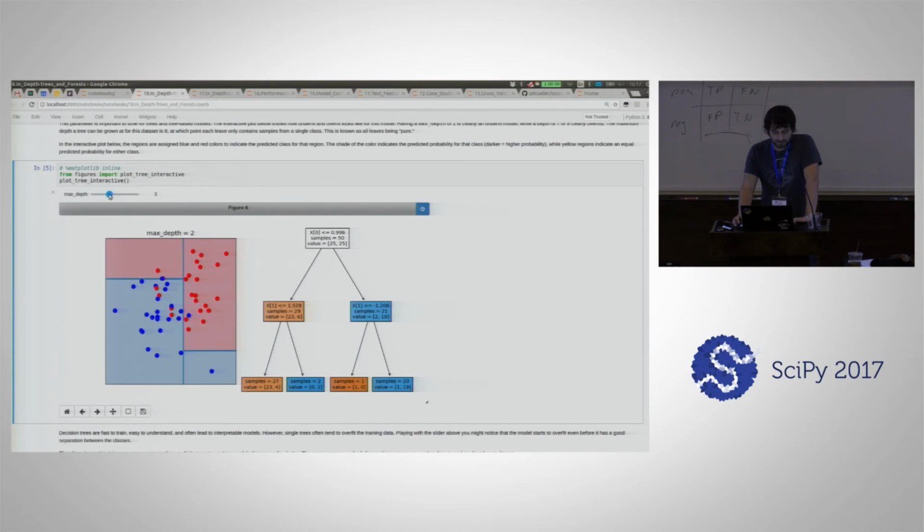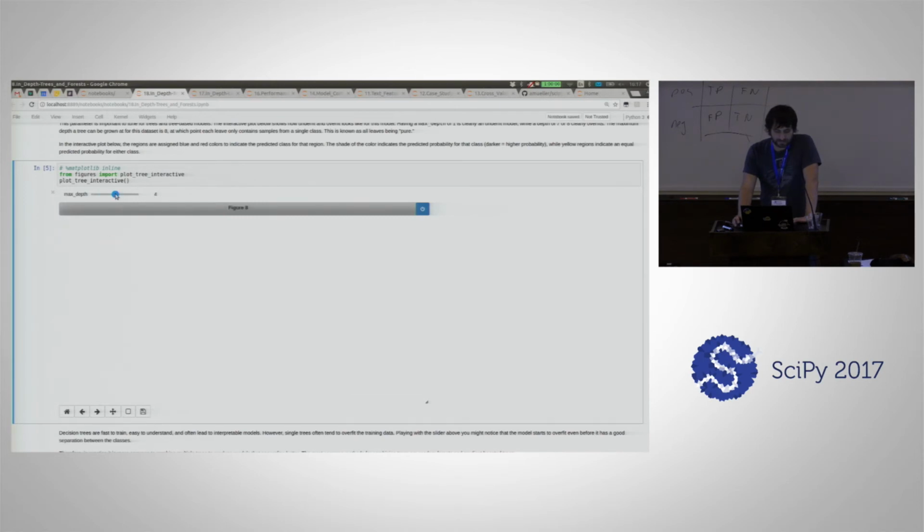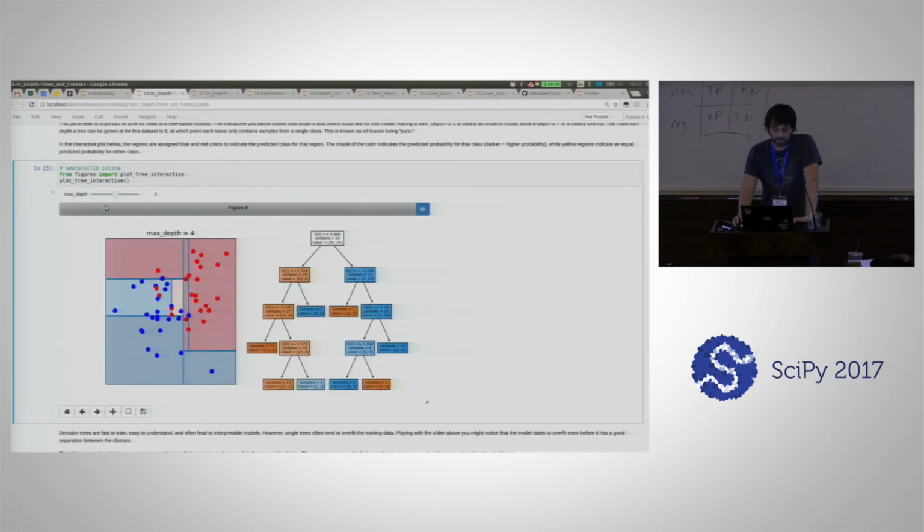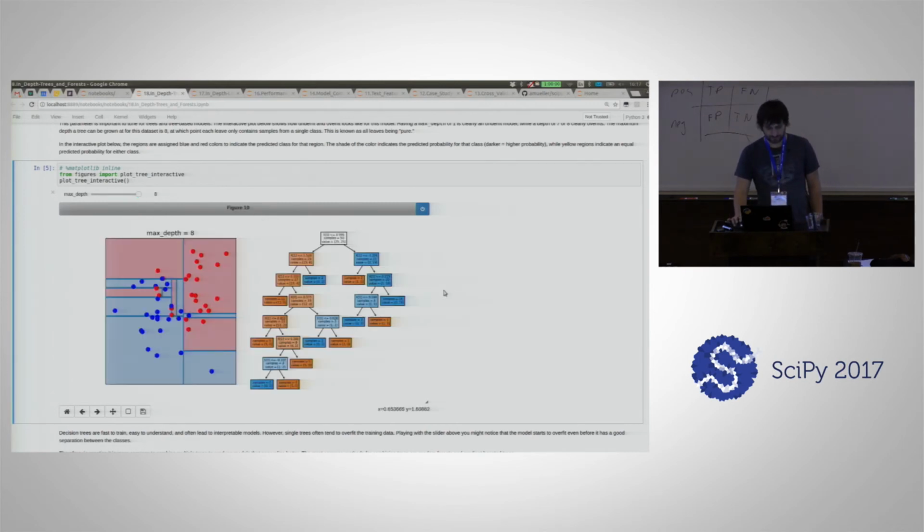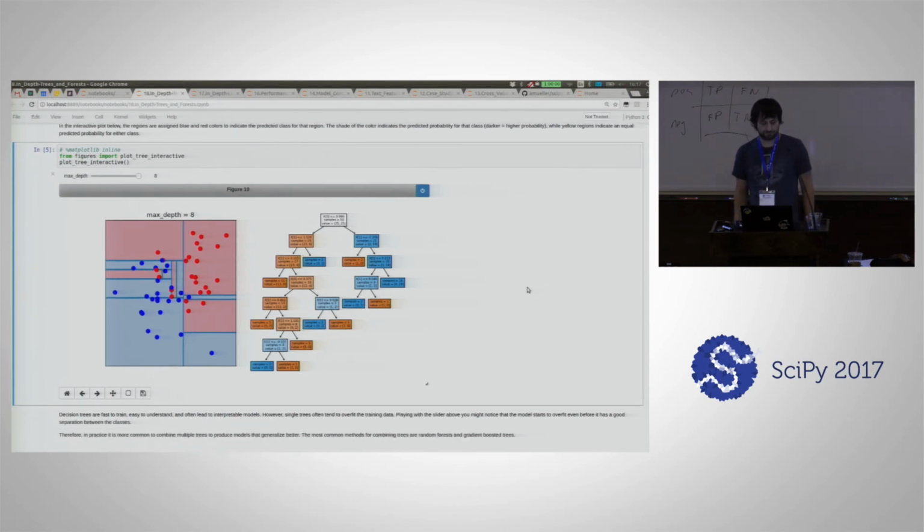And so you can keep recursively adding more and more branches and keep splitting up the space more and more. You can think of this as a recursive partitioning, where for each region that you have, unless it already contains only one class, you ask, what is the best way to split it up more so I can learn more about the classes? In the end, you end up with this.